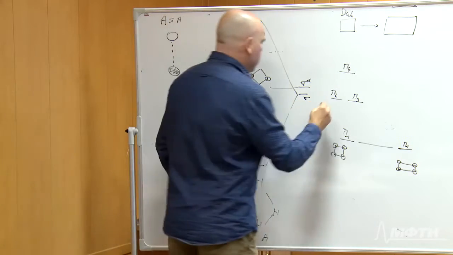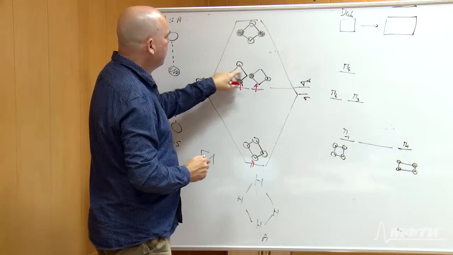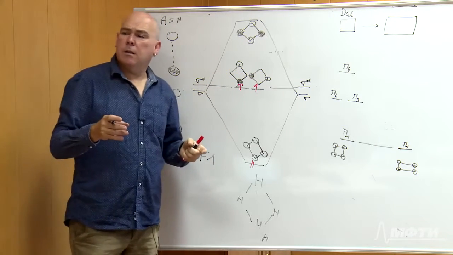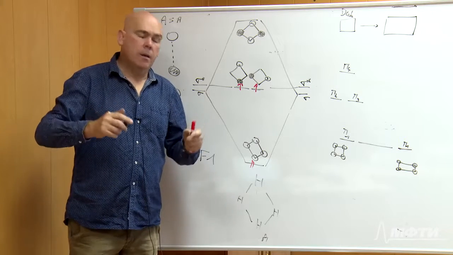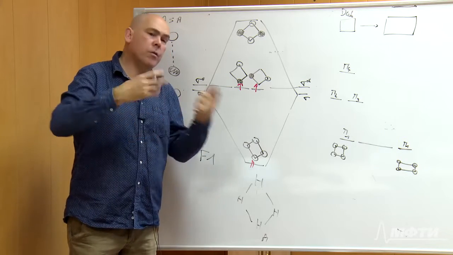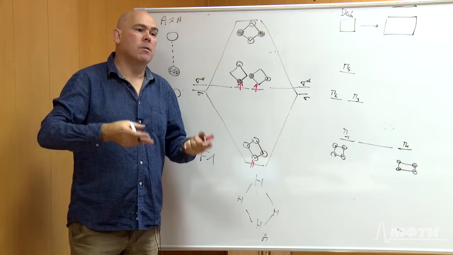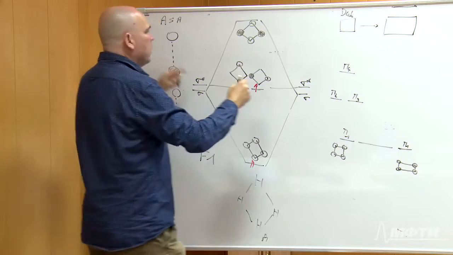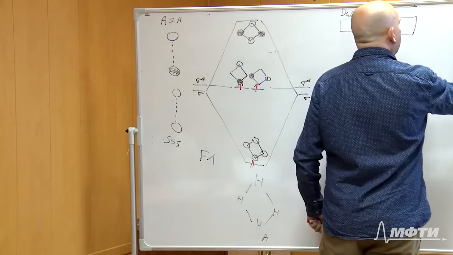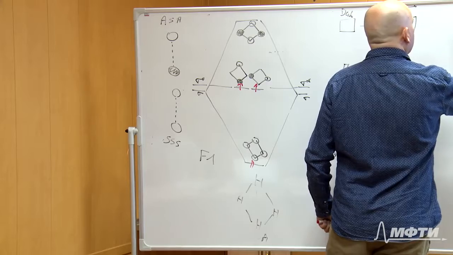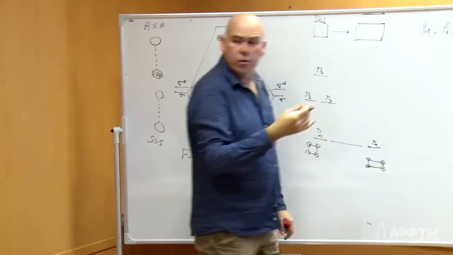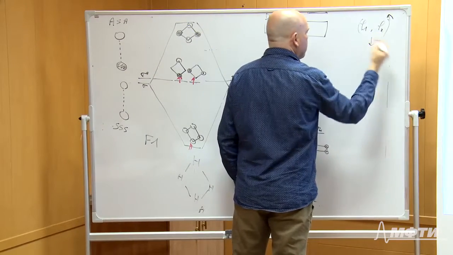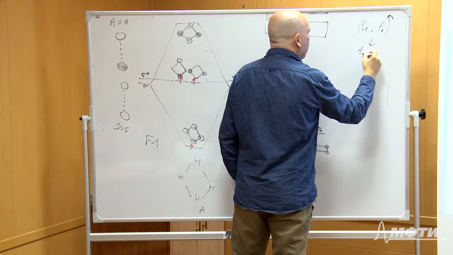So now, let's take these 2 orbitals. You know that when you have 2 degenerate orbitals, you may have 2 other orbitals, which are solutions of the Schrödinger equation. If phi 1 and phi 2 are solutions of the Schrödinger equation, you may construct phi 3 and phi 4.